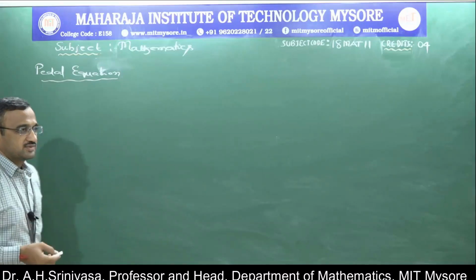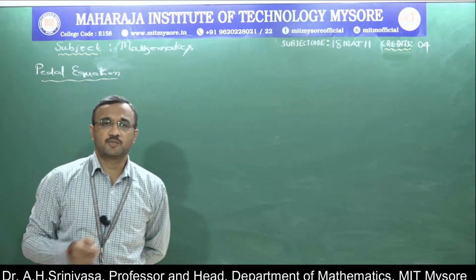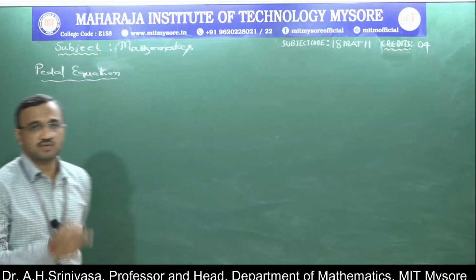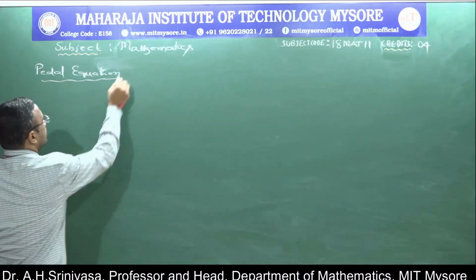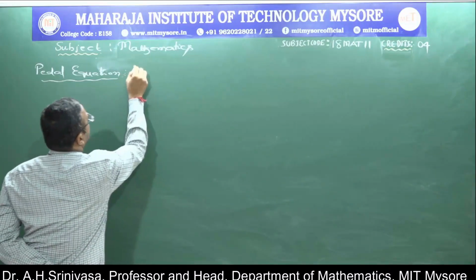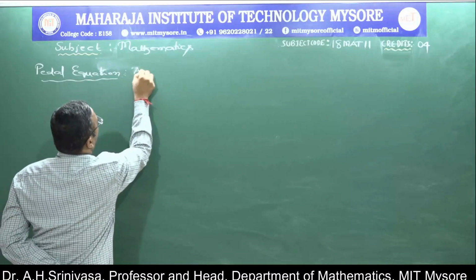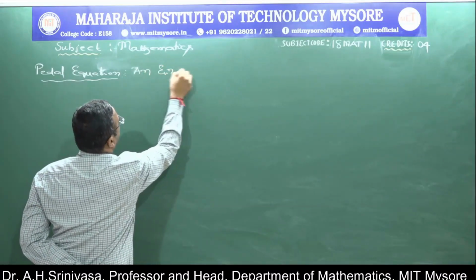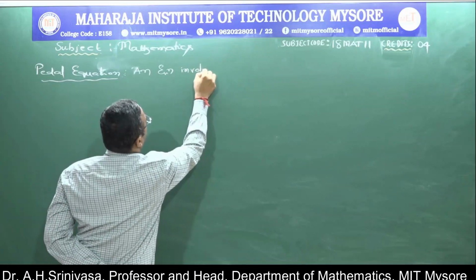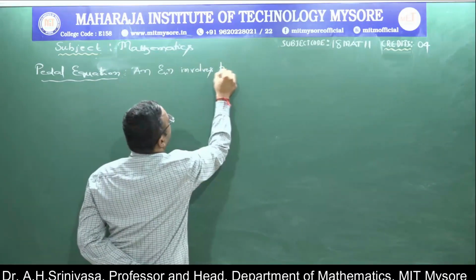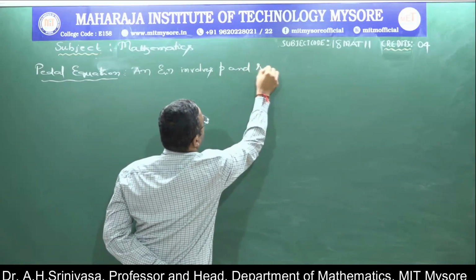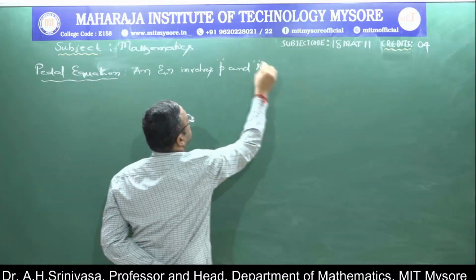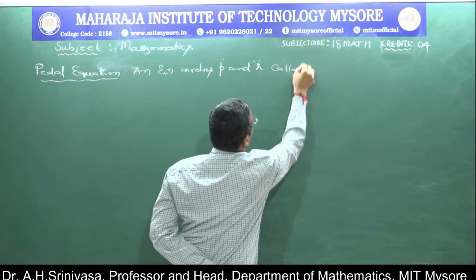So one important theorem is there now: the length of the perpendicular from pole to tangent. That is the way I am going to prove it. An equation that involves P and R is called a pedal equation.